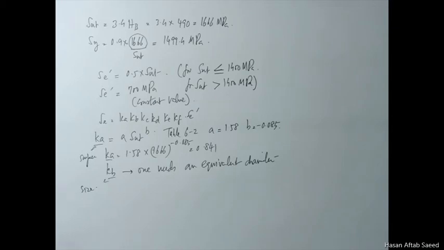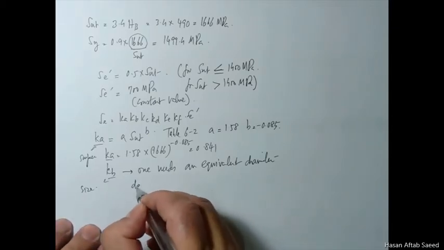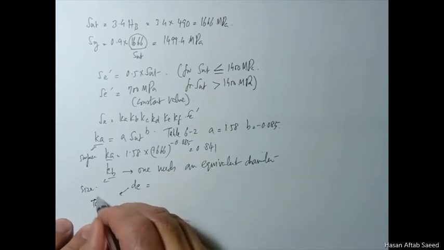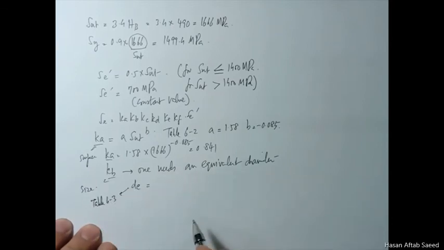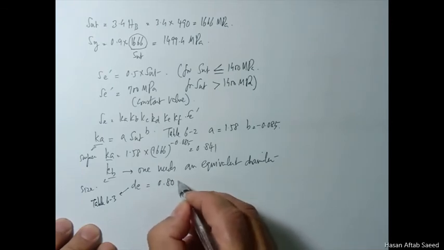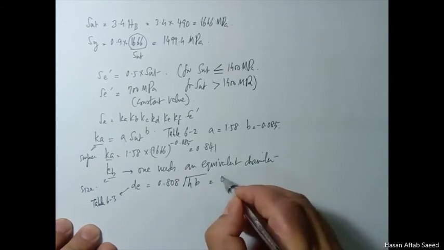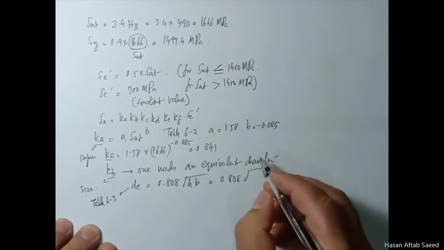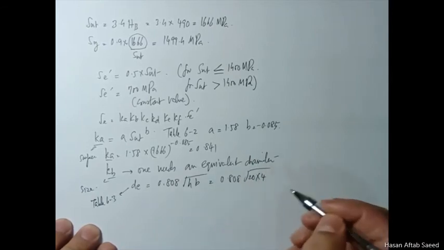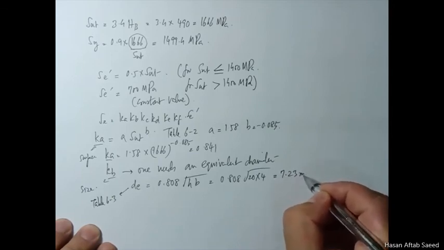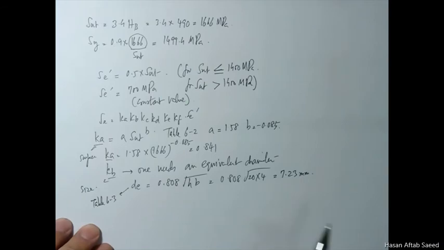So you need an equivalent diameter. For rectangular sections, you can refer to table 6.3, and that is simply 0.808 into 20 into 4, these are the cross-sectional dimensions, and we have done this before. This turns out to be 7.23 millimeter.